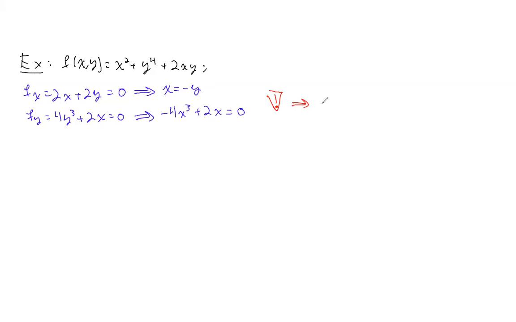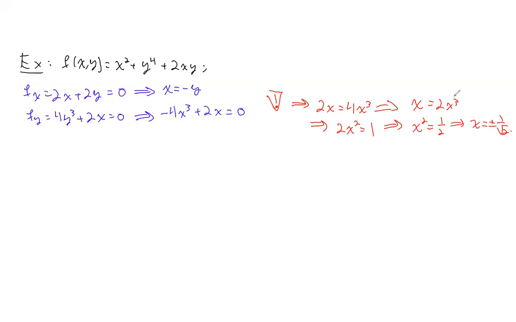That implies that 2x equals 4x cubed, which means that x equals 2x cubed, which means that 2x squared is equal to 1, which means that x squared is 1/2, which means that x is plus or minus 1 over root 2.